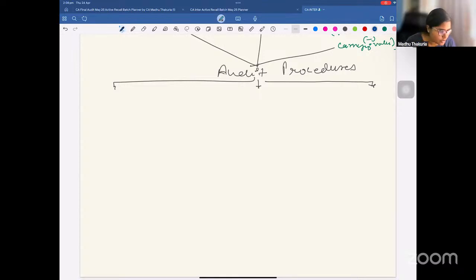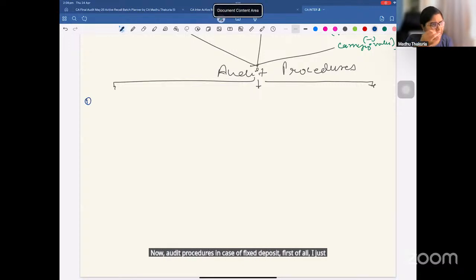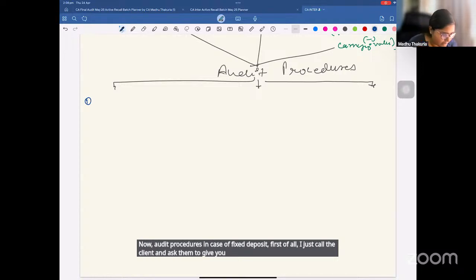Now, audit procedures in case of fixed deposit. First of all, I just call the client and ask them to give you all the list of FDs, right?